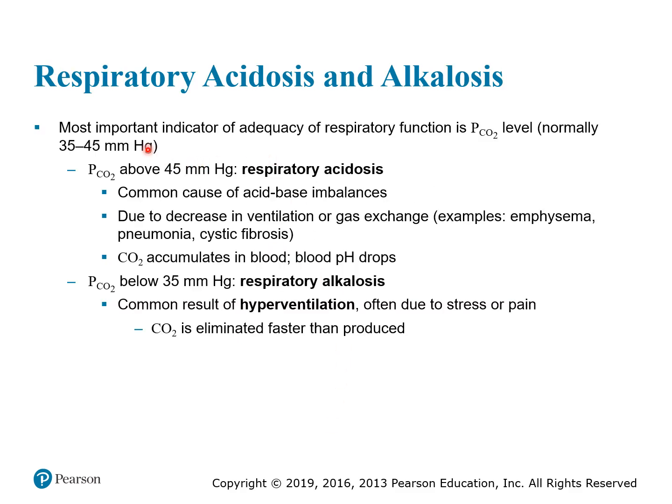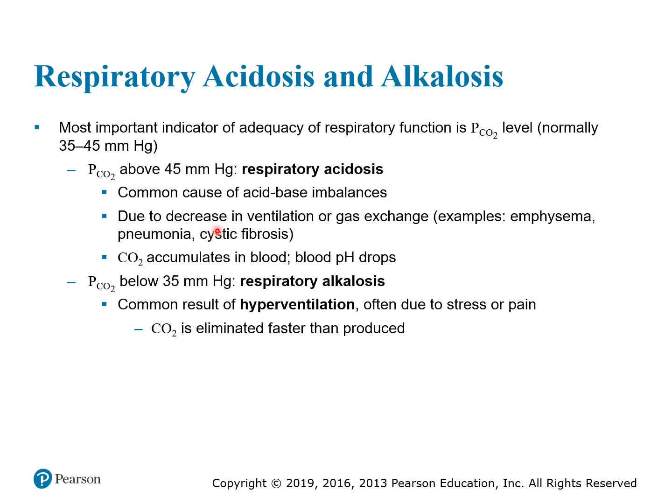Like I said before, the most important indicator of the adequacy of respiratory function is the partial pressure of carbon dioxide. Normally, it is between 35 to 45 millimeters of Hg. It is measured in the arterial blood. So partial pressure of carbon dioxide above 45 millimeters of Hg is called respiratory acidosis. It is a common cause of acid-base imbalances. And why does it happen?